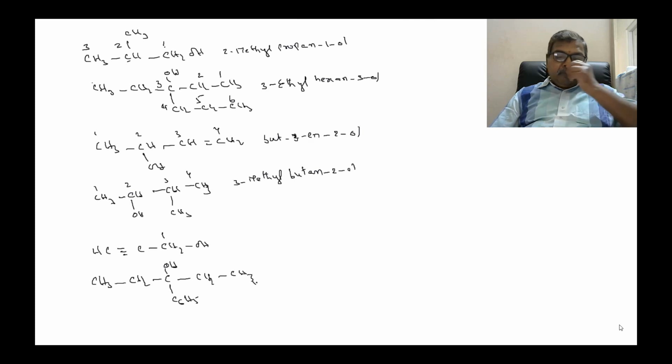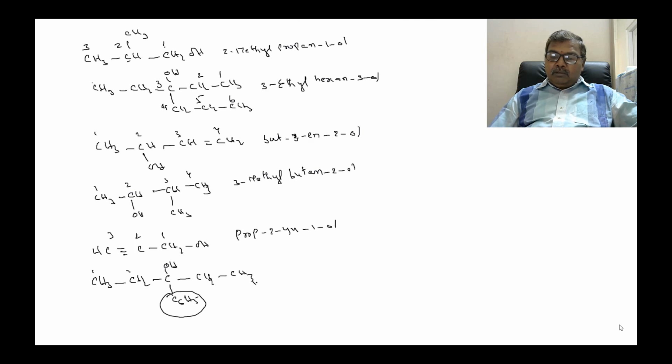So we have to give preference to the OH group carbon, second position, third position. So 3 carbons, prop-2-yn-1-ol. Phenyl group is a substituent here. Now 1, 2, 3, 4, 5.